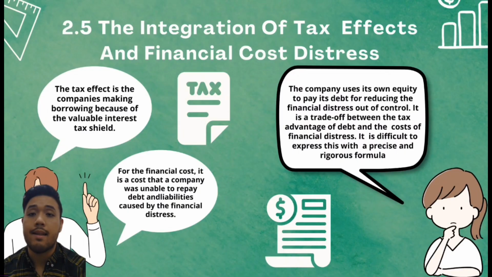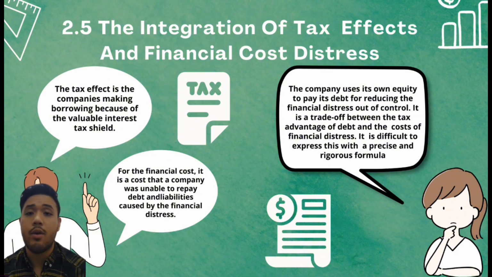Now I will be discussing the integration of tax effects and financial distress cost. The tax effect is the company making borrowings because of the valuable interest tax shield. The financial distress cost is the cost incurred when a company is unable to repay debt and liabilities caused by financial distress.